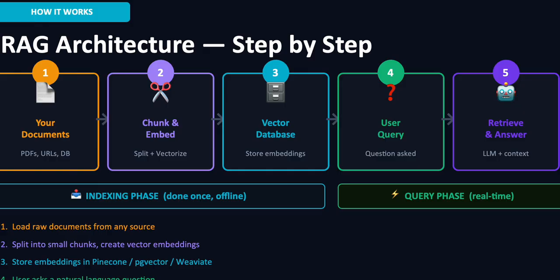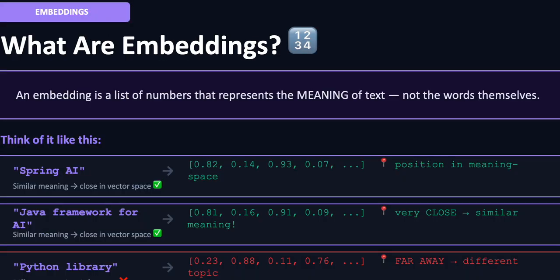Now, next is embeddings. You might be wondering what exactly is an embedding. Let me explain with a simple example. Imagine I say the word king and I say the word queen.